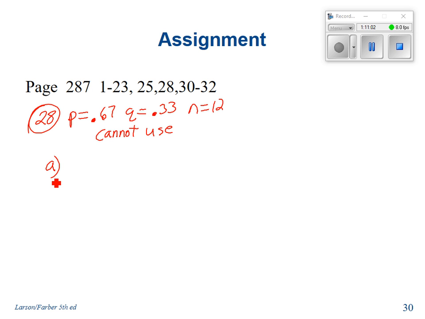On this one, you can't use the normal distribution. So what you'd have to do is go back and use binomial CDF and PDF on your calculator, because we cannot switch it over to the normal stuff.